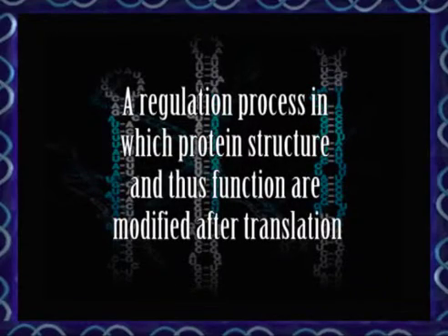Post-translational control of gene expression can be defined as a regulation process in which protein structure and thus function are modified after translation. These modifications involve chemical modifications of amino acids, alteration of the order of amino acids in the polypeptide backbone, and others.